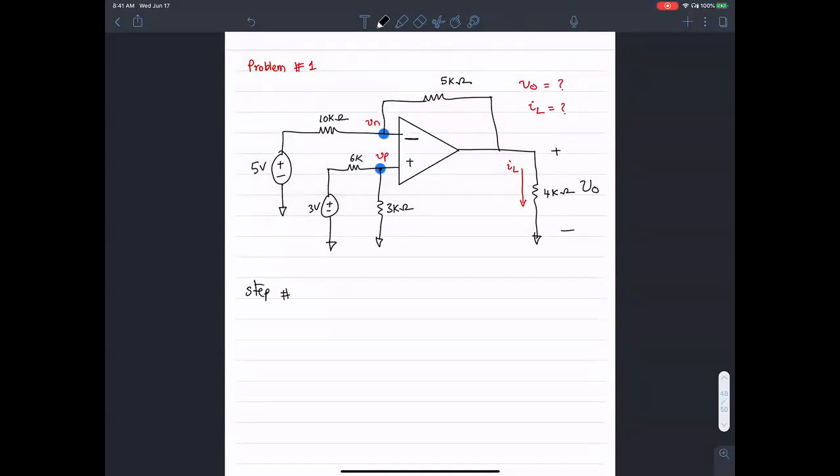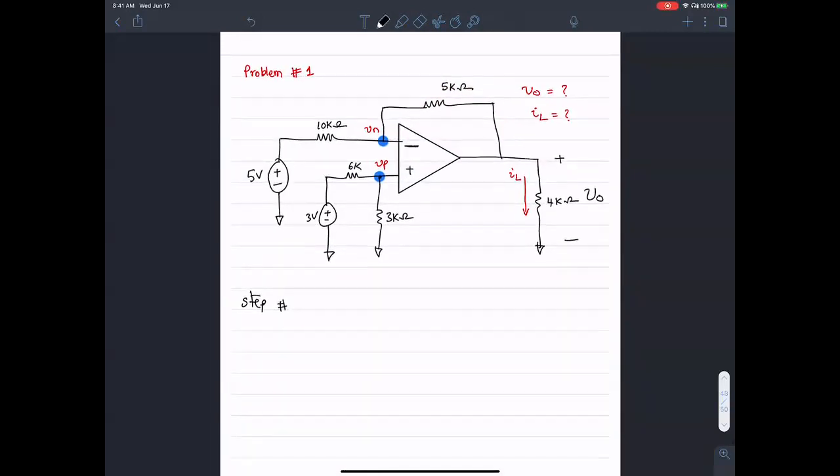We might as well apply the formula that we saw earlier in the difference amplifier. But that's no fun in that. Let's do this step by step by finding VP. VP is going to be a voltage division between 3 volts and 6K and 3K resistance.